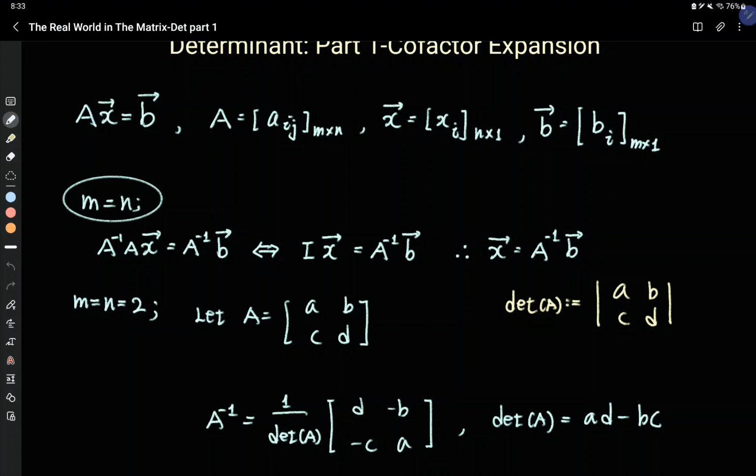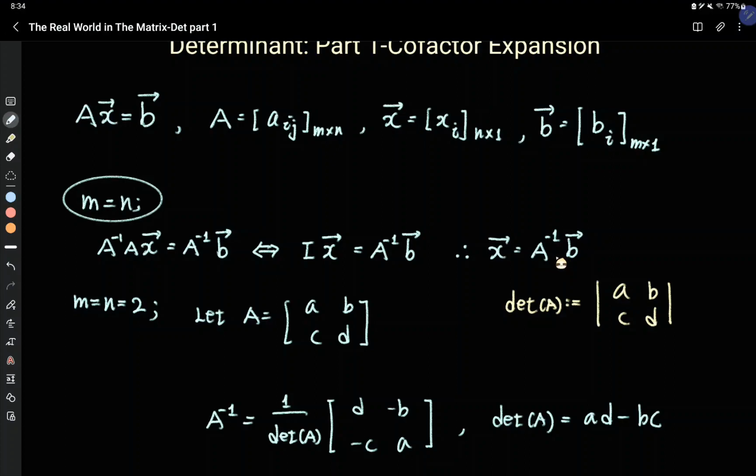Then we do left multiplication by the inverse of A in the linear system, and we get the identity matrix I. The right hand side becomes A inverse times B. But the identity matrix times any matrix, including a column vector, returns itself. So the left hand side becomes just x, the column vector x.